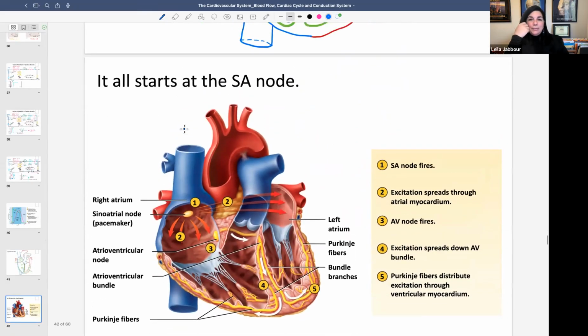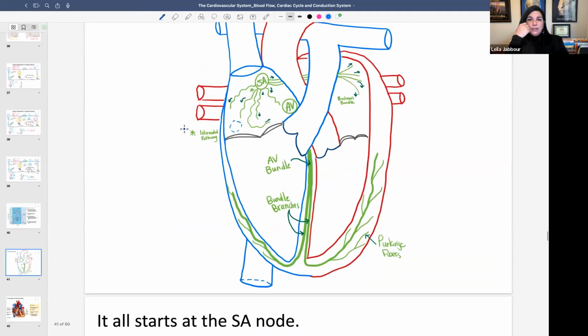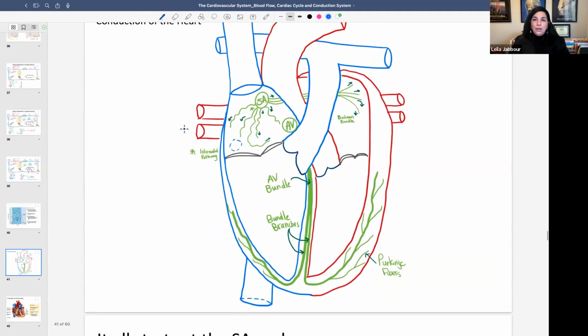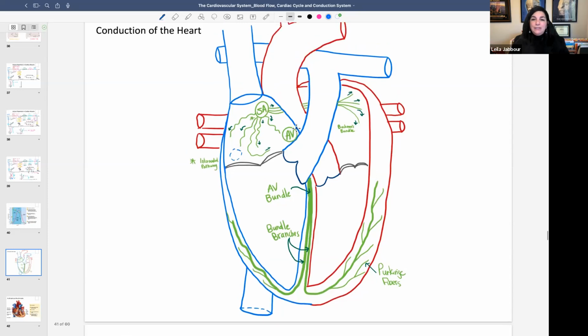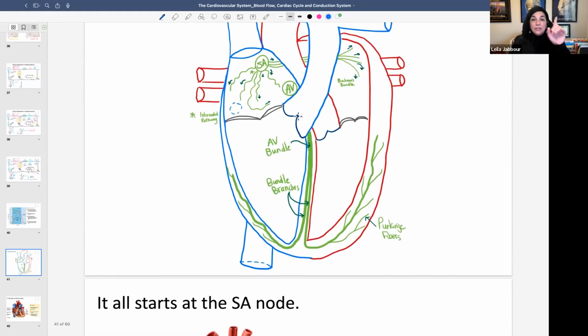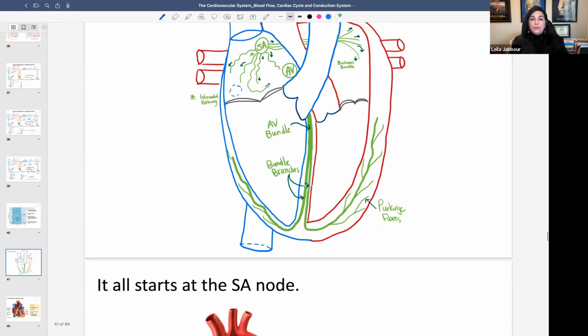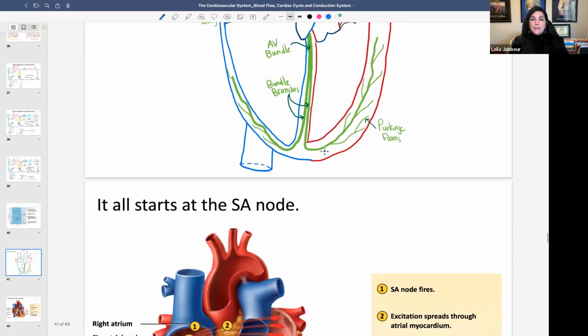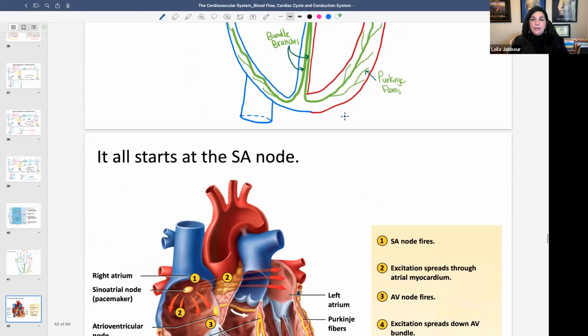But this is the diagram that goes with the drawing I had drawn over here with the SA node, Bachmann's bundle, and the internodal pathway, and the purpose is to depolarize the atria before we depolarize the AV nodal cells, and then that will propagate after a delay to the AV bundle branches and the Purkinje fibers.